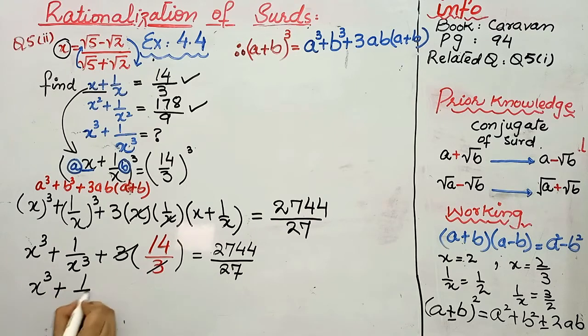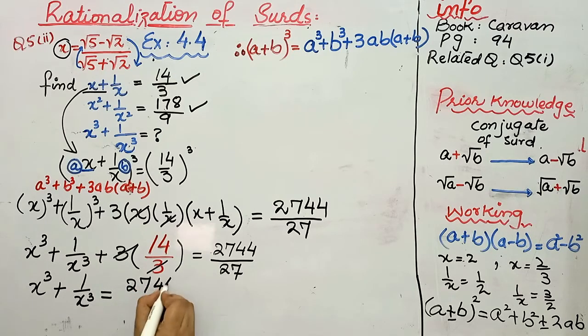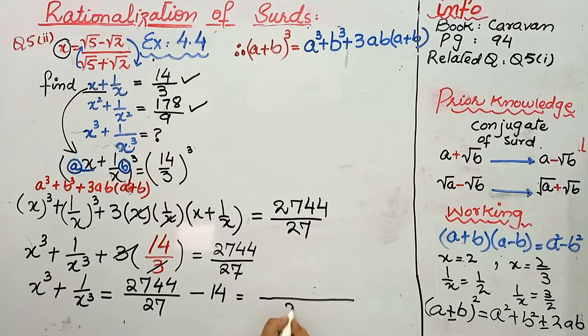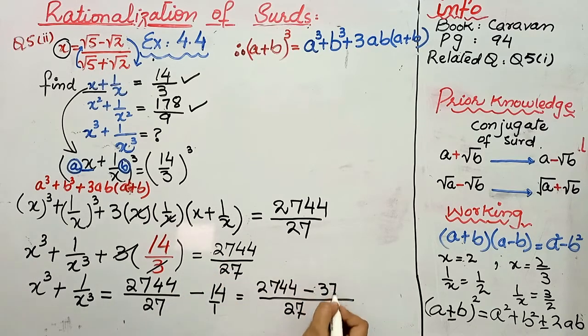x cube plus 1 upon x cube is equal to 2744 divided by 27, minus 14. So let's take LCM. It will be 27, 2744 minus... 27 14s are 378.